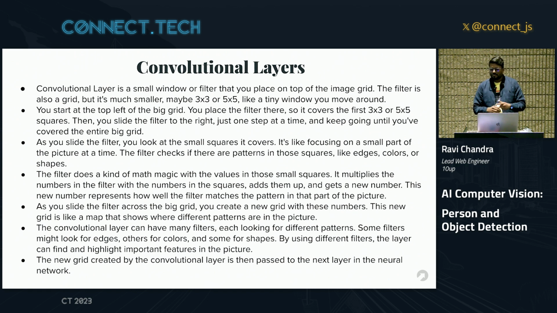And when it does that for each of these 3 by 3 or 5 by 5 grids, it does some sort of mathematical calculation, which depends on some of the factors when we build the model.